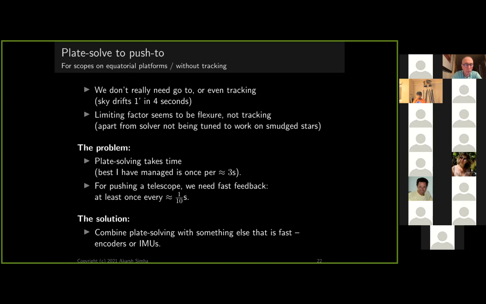So the solution I've come up with, and I suspect that Celestron does something very similar, is to combine plate solving with something else that gives me fast feedback. And that is encoders or IMUs. And I'll explain what an IMU is. Now, I started this entire thing with the premise of avoiding encoders, right? And saying why I don't like encoders.